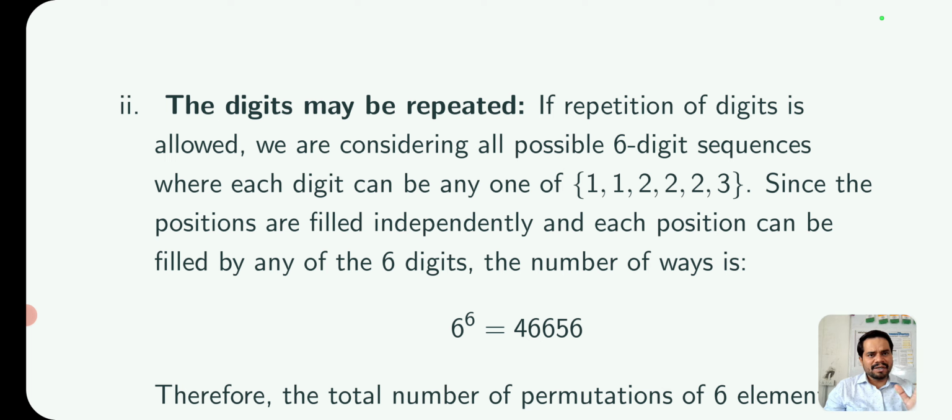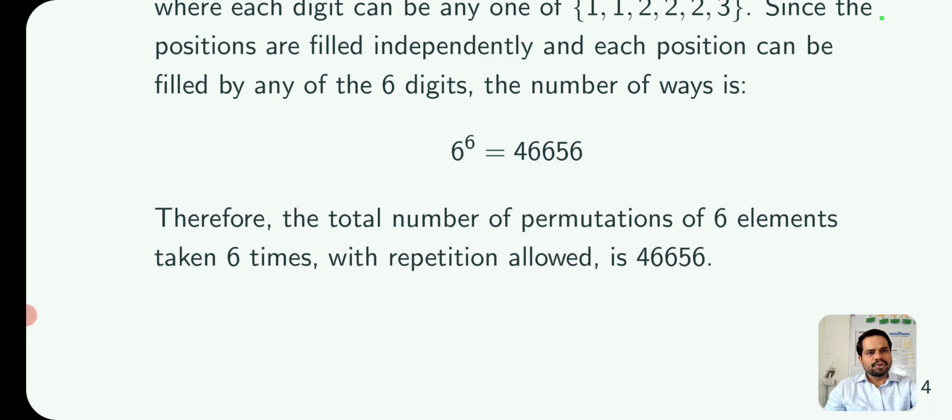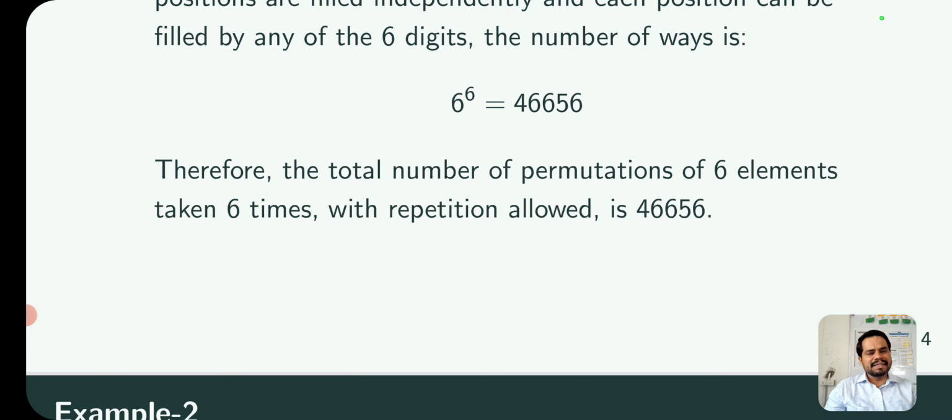Did you get how we calculate it? We have to select 6 digits out of these 6 digits, so it is n raised to r, where r is 6 and n is 6. That's why it is 6 raised to 6, which is 46,656, the total number of permutations of 6 elements taken 6 at a time with repetition allowed.